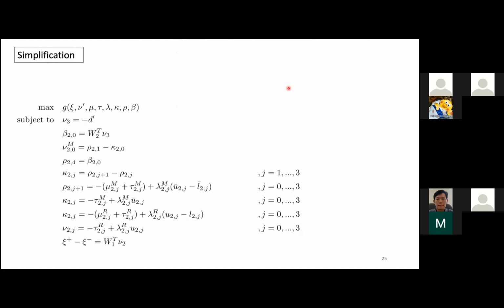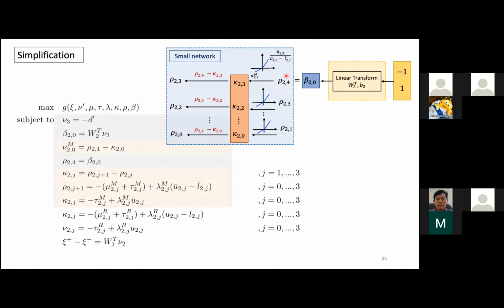So let's review the form we have already eliminated. The gray part is this process. And now we eliminated the orange part. Then we get a rho 24. If we have a rho 24, we can pass it into the leaky ReLU to get a kappa 23. Then if we have a kappa 23, we can solve the subtraction to get a new rho, rho 23, and the rho 23 passes through the leaky ReLU again to get a new kappa here.